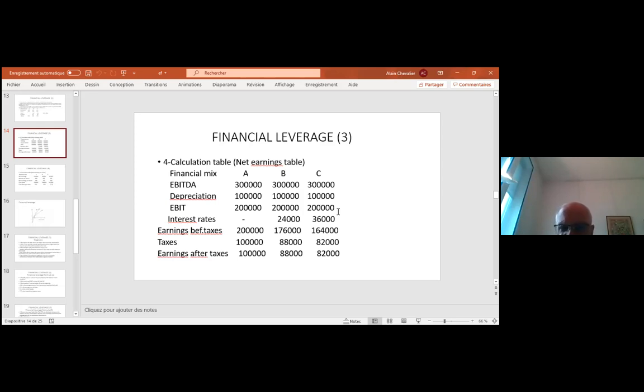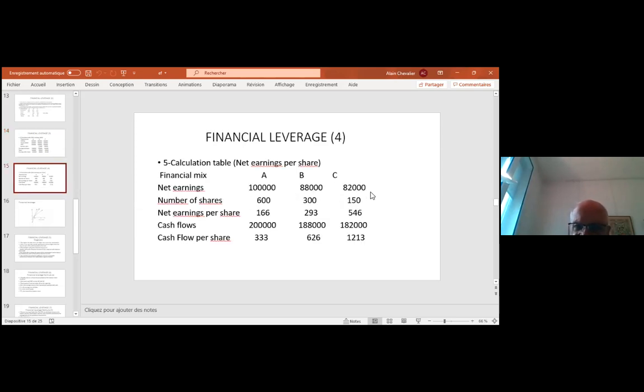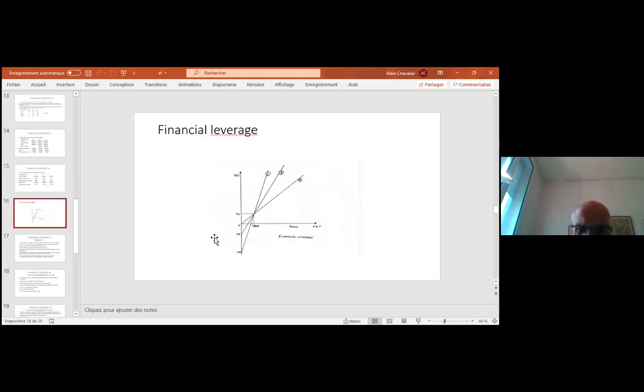It means you get earning before taxes equal to minus 36,000, taxes equal to 0, earning after taxes which are minus 36,000. And if you move to the second table, you start with minus 36,000. You get only 150 shares, and the net earning per share will become very, very negative. It will be minus 240.